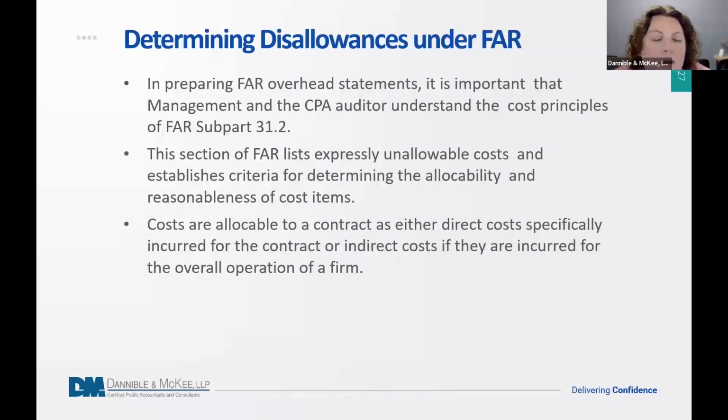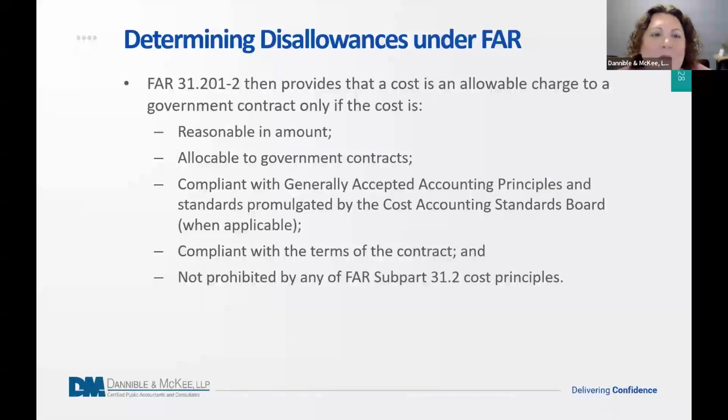So that's why I said that, what was it, 50 pages? That's a good read to understand what's allowable and what's unallowable. So, determining disallowances under FAR. While FAR is very long, it's very descriptive, it's also very gray.